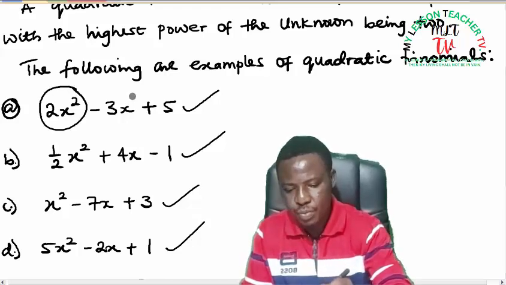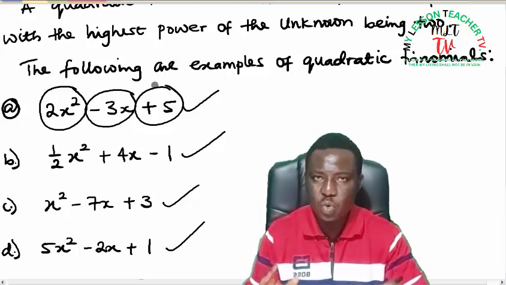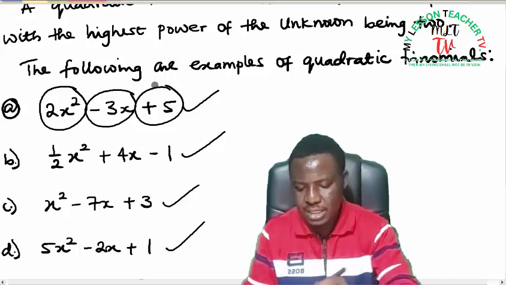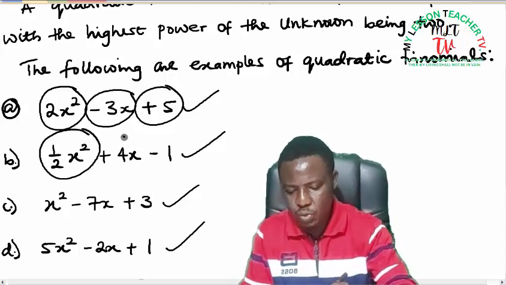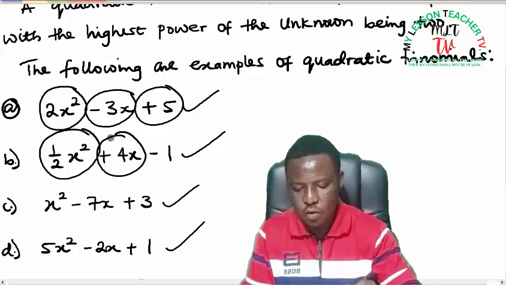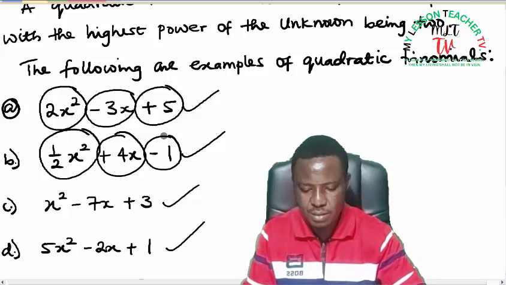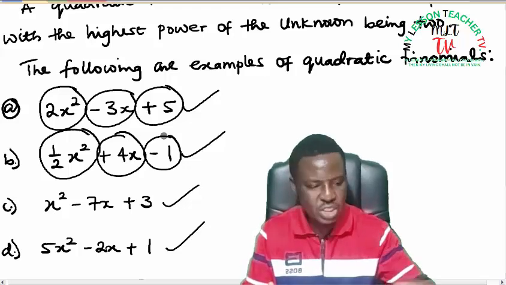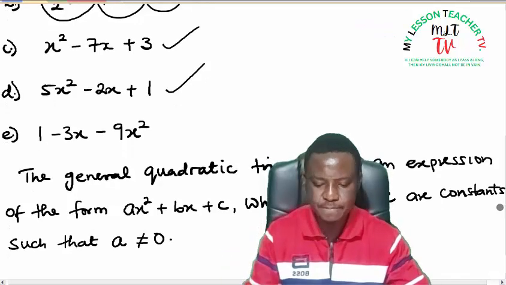This is 1 term, this is another term, and plus 5 is the 3rd term. So this we refer to as a quadratic trinomial. And same with this, plus half x squared is 1 term, plus 4x is another term, and the last term is minus 1. Same we have for C, D, and E.